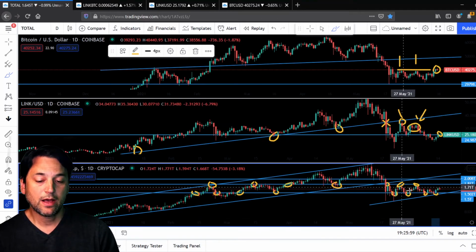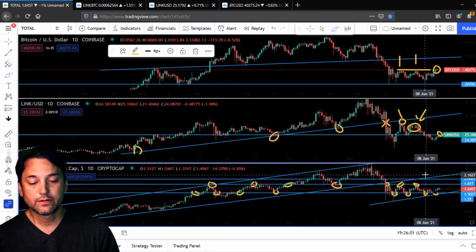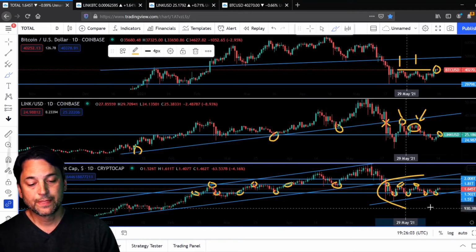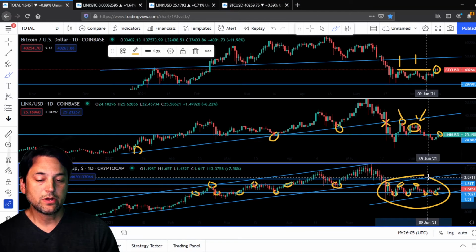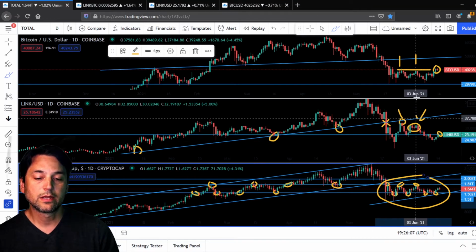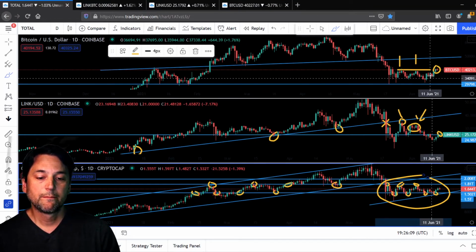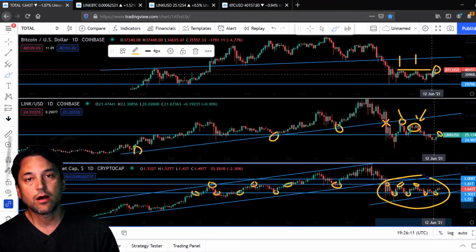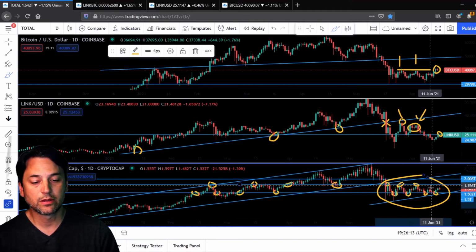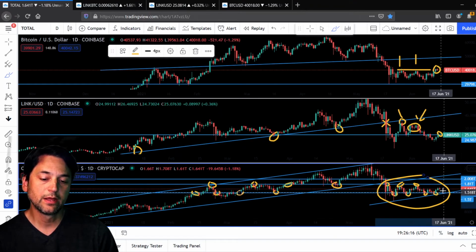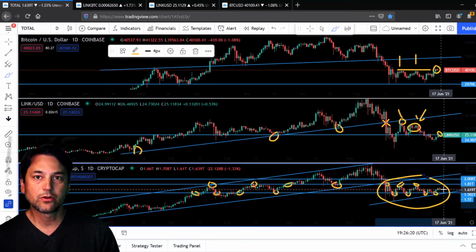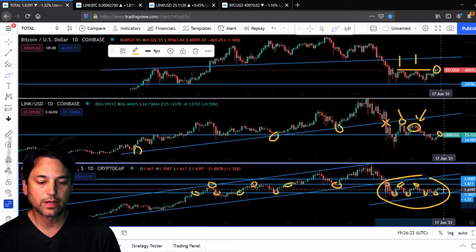So how that relates is the fact that as I'm talking about Chainlink and Bitcoin trading off in which one is stronger than the other, you see that not that much money has really entered or left the market during that time. It's still right in that zone.